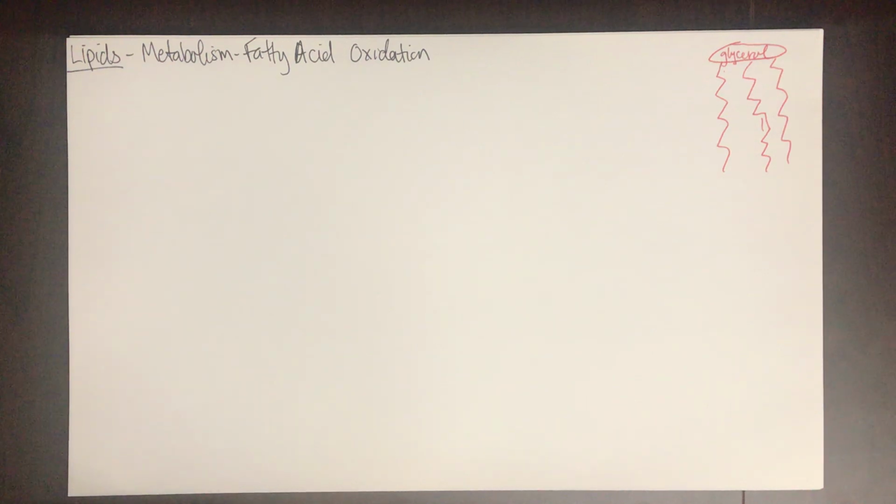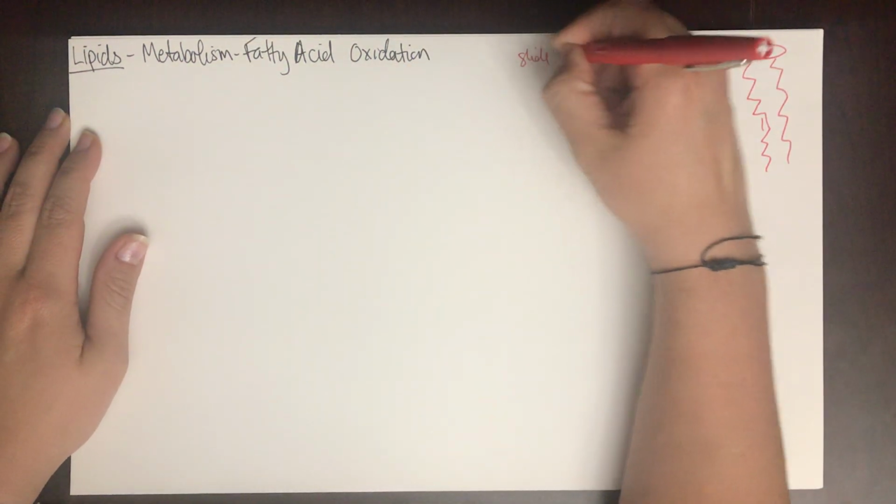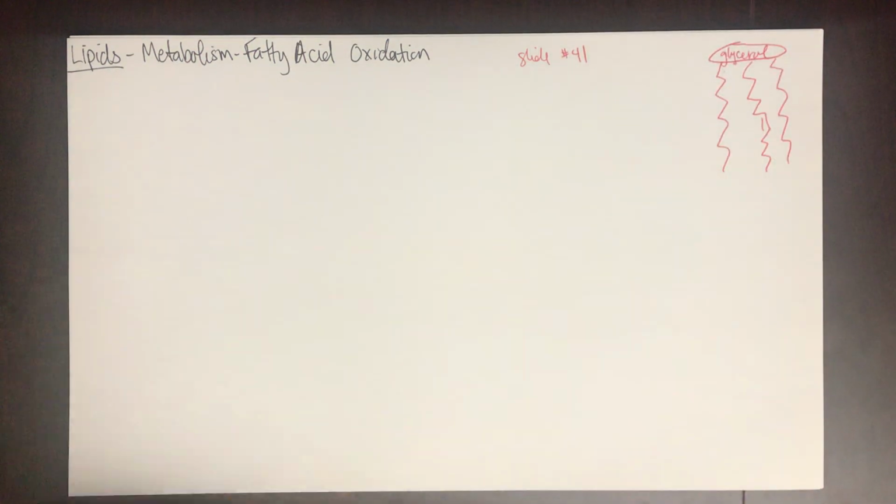As we look at what we learned about cellular respiration, on slide number 41 of this lipids chapter, it shows how these parts of a triacylglycerol go into what we have already learned about cellular respiration.